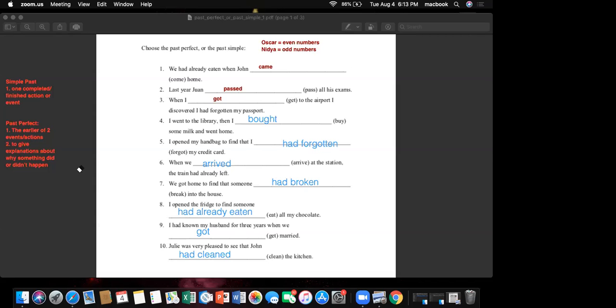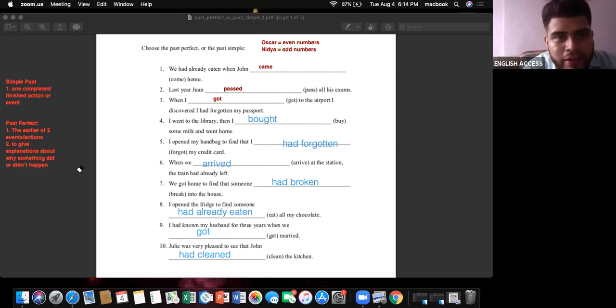We got home to find that someone had broken into the house. I opened the fridge to find someone had already eaten all my chocolate. I had known my husband for 3 years when we got married. Julie was very pleased to see that John had cleaned the kitchen.